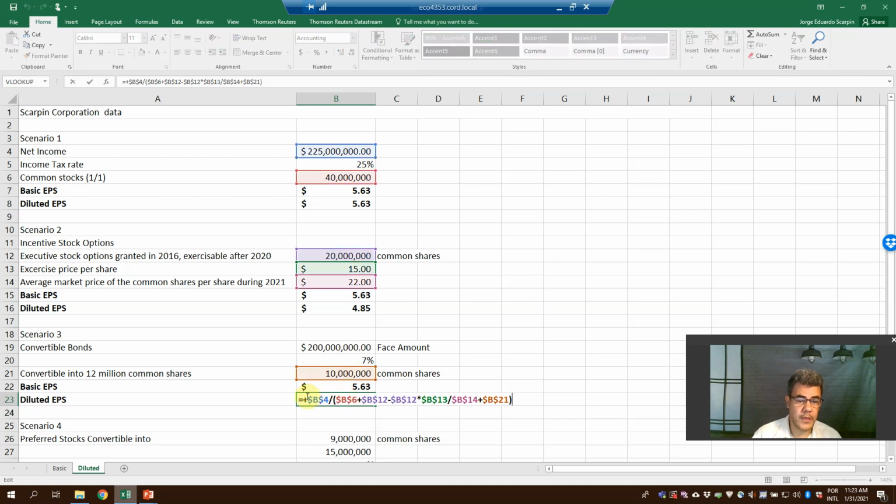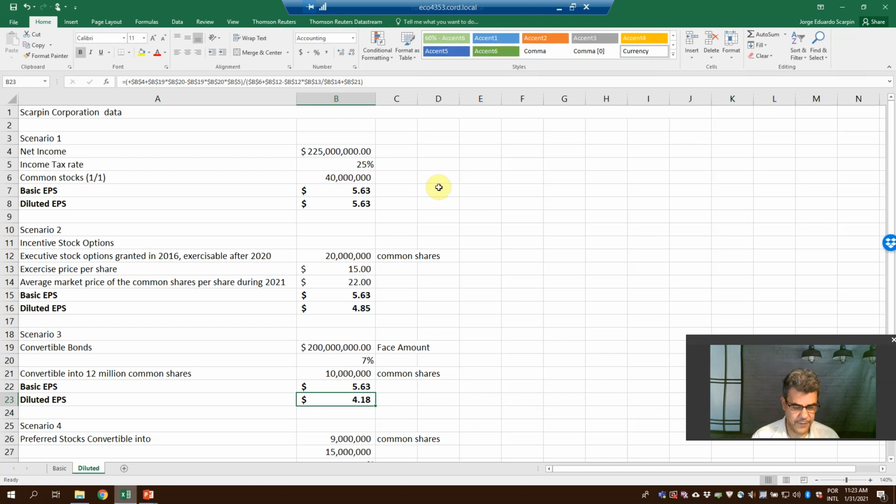So we will be adding this interest expense. However, we are excluding the income tax on this expense because we are adding the net expense. So we are adding the expense and excluding the income tax, and the income tax is 25%.